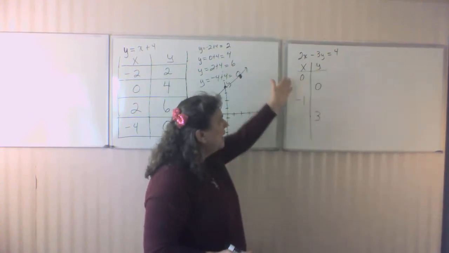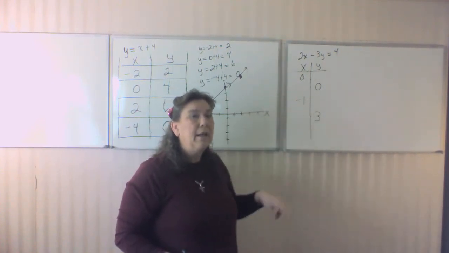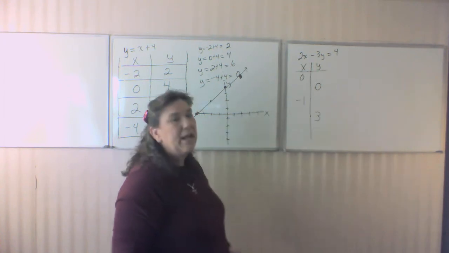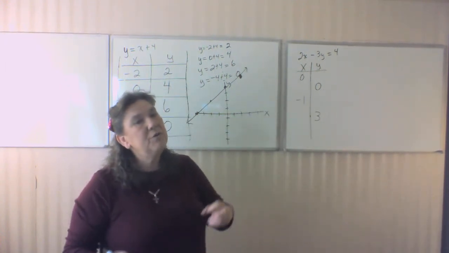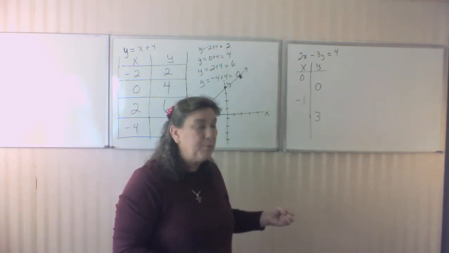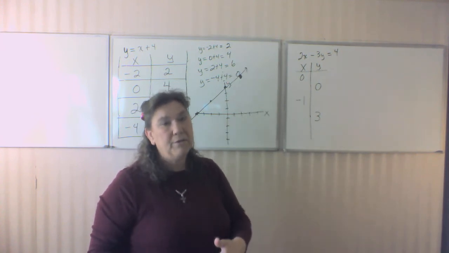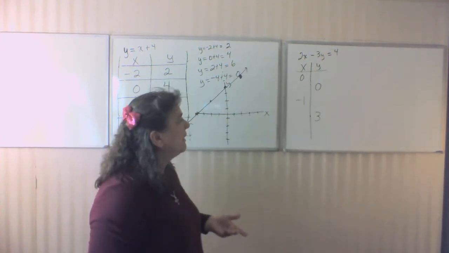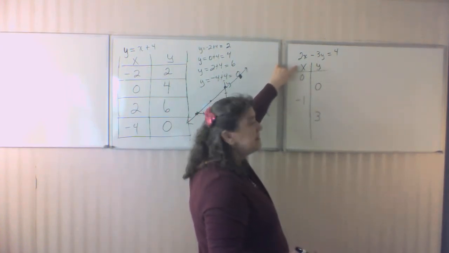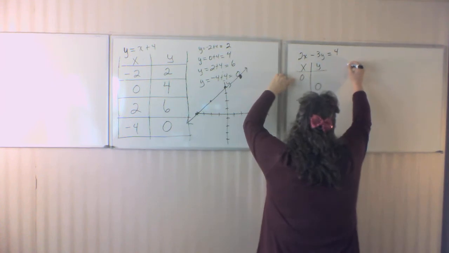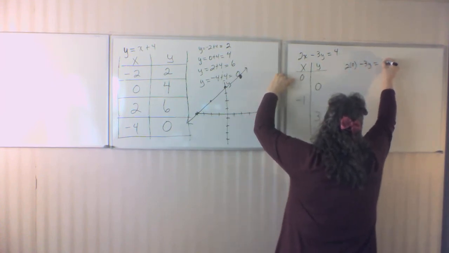Now notice, I can put my number in for either x or y, but when I do this, I will actually have to solve. And this is an important skill to have. Any of you that are going on into college algebra, you must have this skill. Even those of you going on to 130 math, we are now using this in modeling, so it is an important skill to develop. So the first thing you do, since my x is 0, I'm going to put my 0 in for my x, and then I'm going to solve my equation.